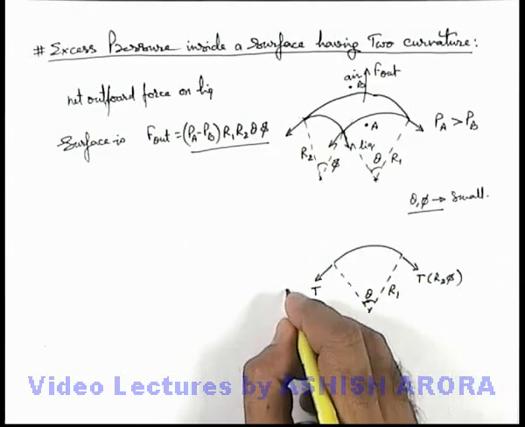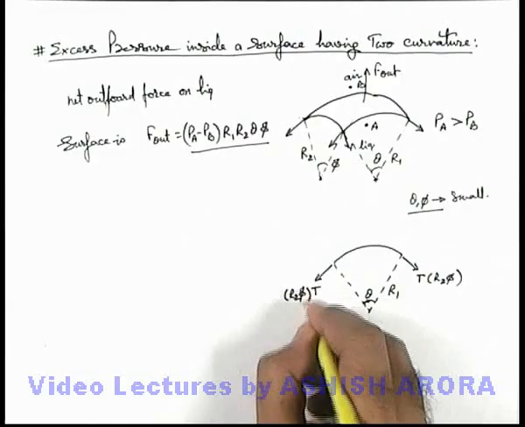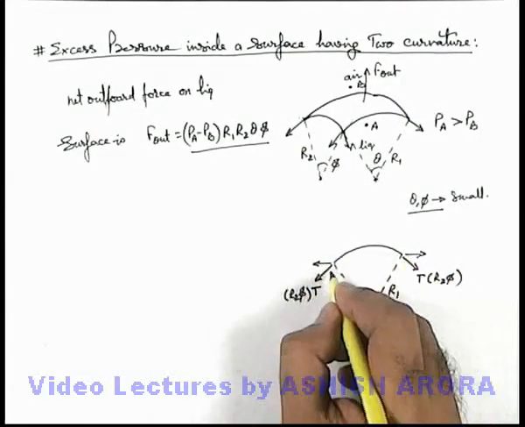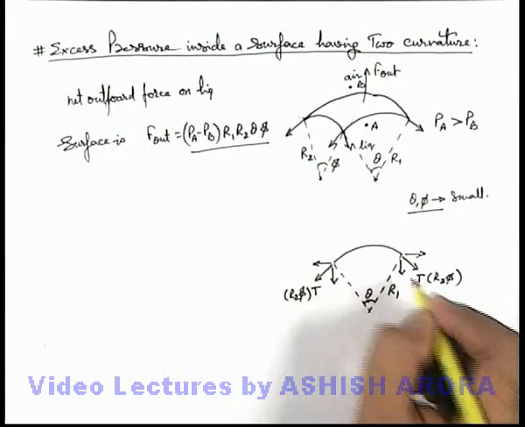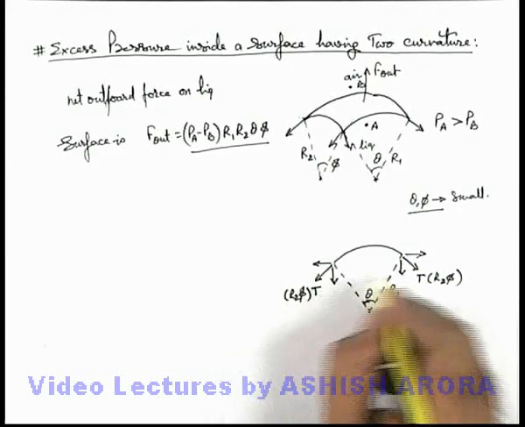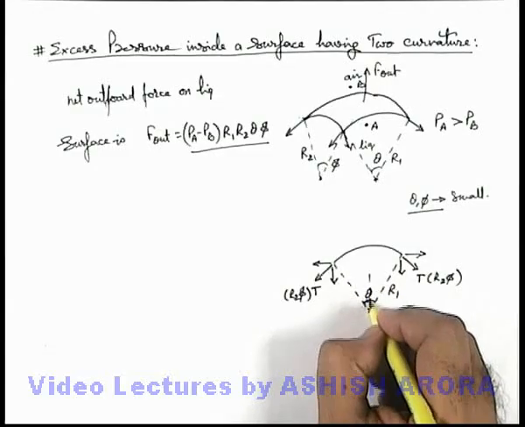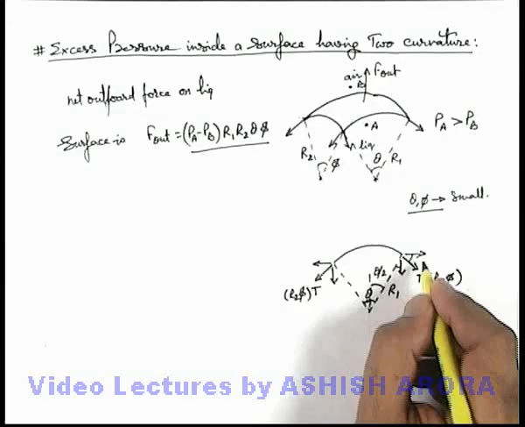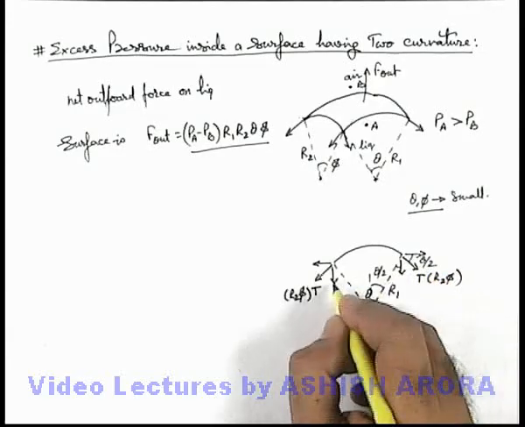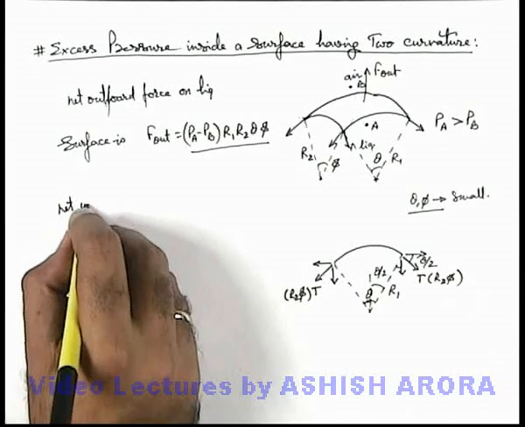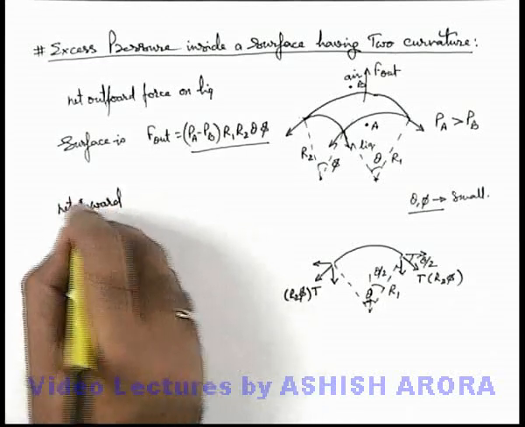So the net force acting on it is T r2 phi, and the horizontal components will balance out. The net force in the inward direction will be the vertical component of this T r2 phi. If this angle is theta, this angle will be theta by 2, and here this is also theta by 2.